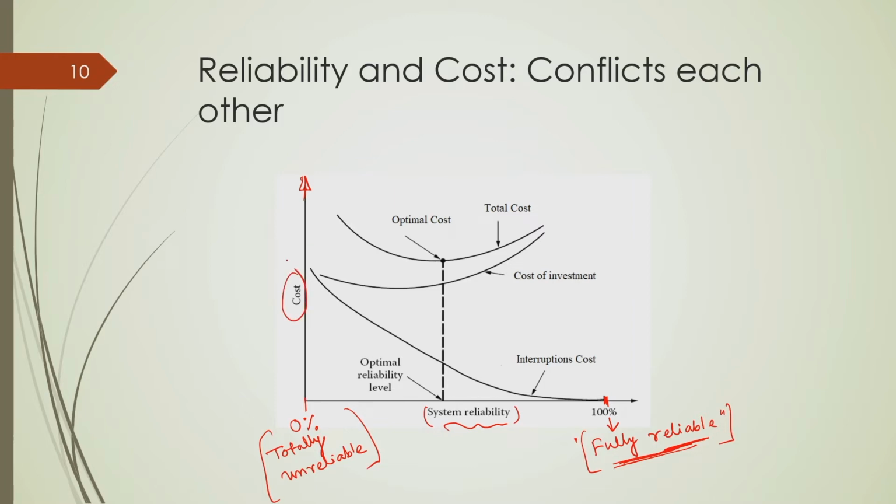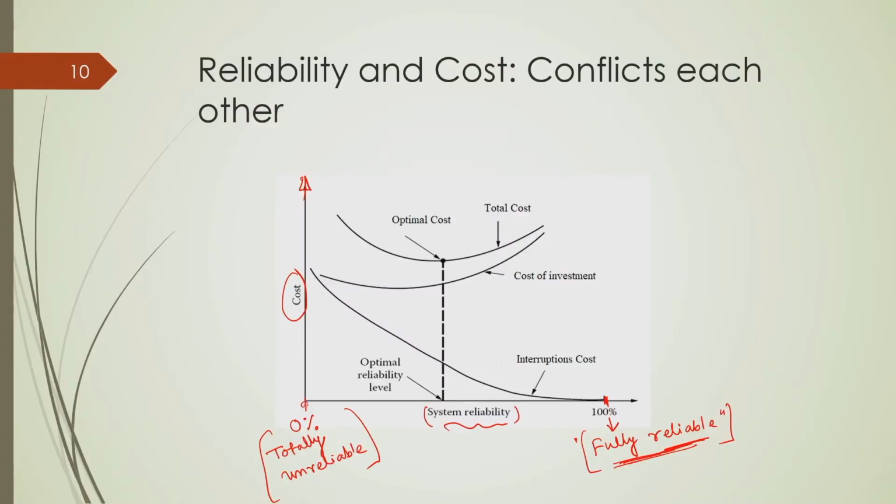Okay. Now, how will the utility's investment cost vary if we want to improve reliability from 0% to 100%? Of course, it will increase as we go for a higher level of reliability; the utility needs more investment. So, it increases in a non-linear form. And how will the customer damage cost or customer interruption cost vary?